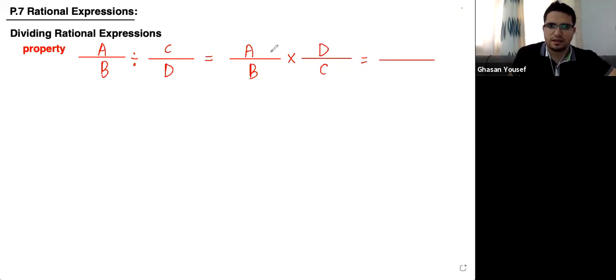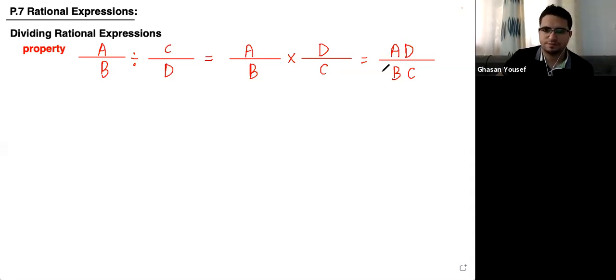And like last time, between these two fractions is multiplication, so we multiply the numerators together and the denominators together. So I get a times d over b times c. This is the property for dividing rational expressions.